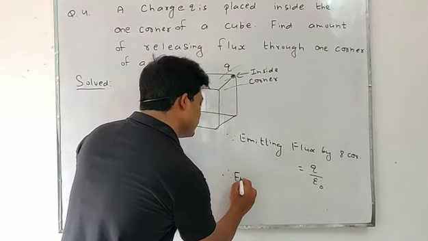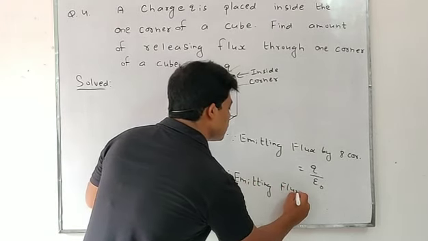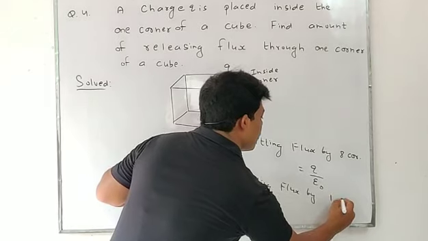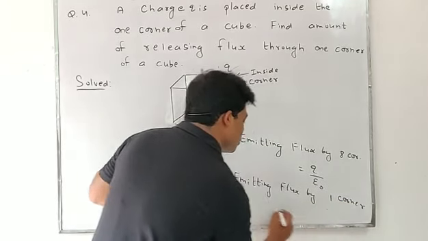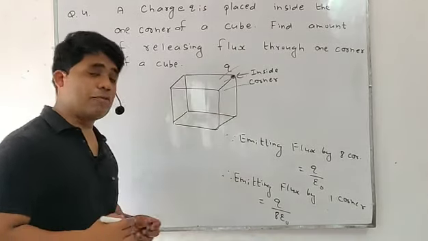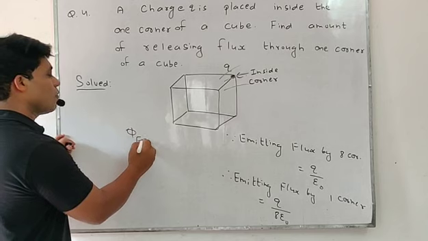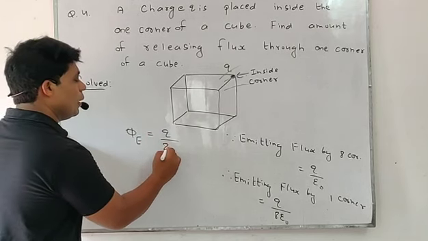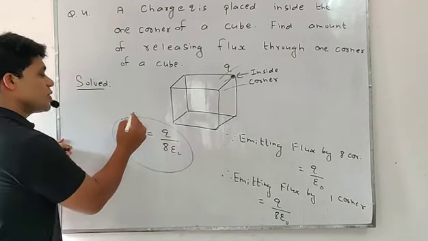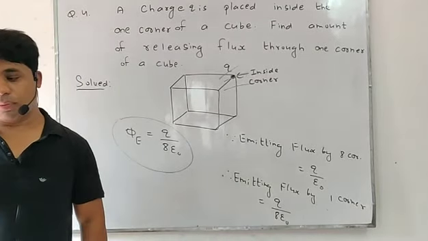So emitting flux by one corner: for getting one, we divide by 8. So finally we get phi equals Q by 8 epsilon naught. That much flux will be released by one corner of a cube.